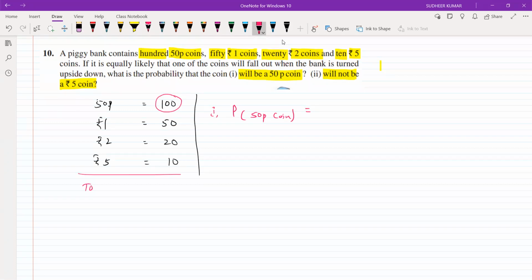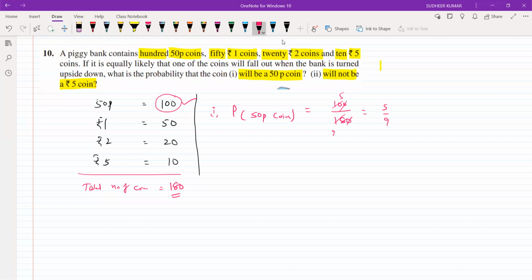Total number of coins is 180. So 100 by 180, these two zeros get cancelled, giving 5 by 9. So the first answer is 5 by 9.